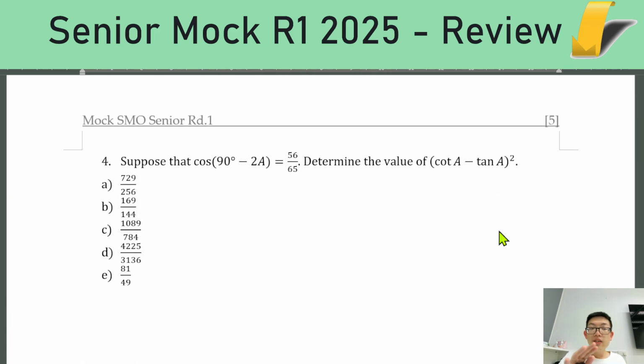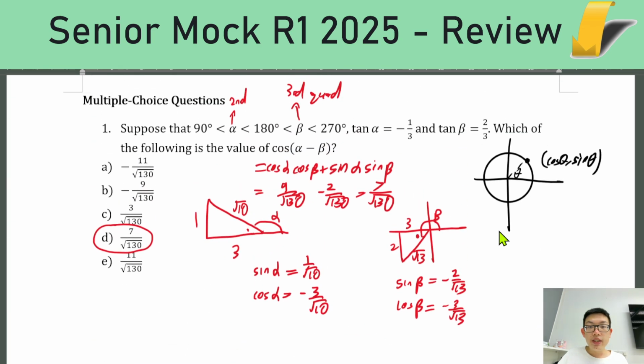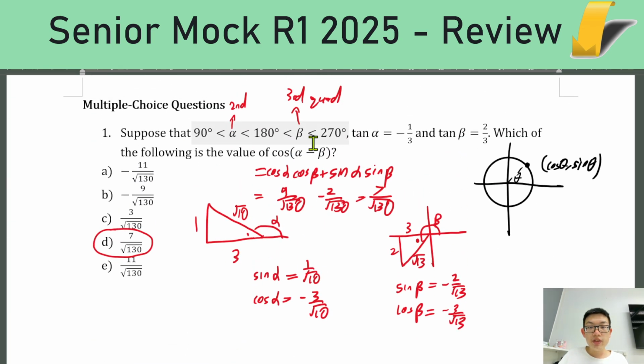Okay. Number 4, and we are back again to our trig identities. Observe that when you are handling your trig identities, don't just look at whether they are sine, cosine, and tangent. Look at how many different angles are involved, right? For question 1, there were 2 different angles.